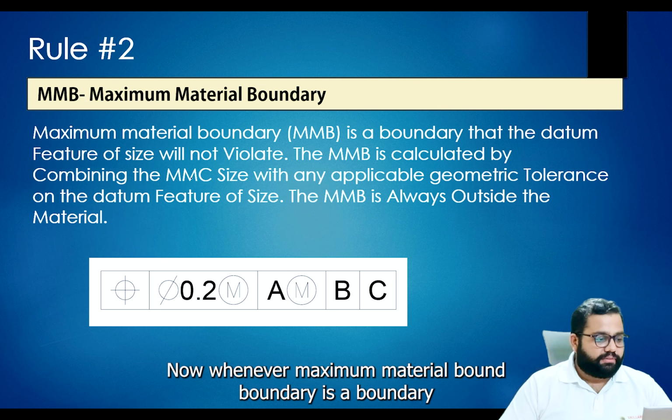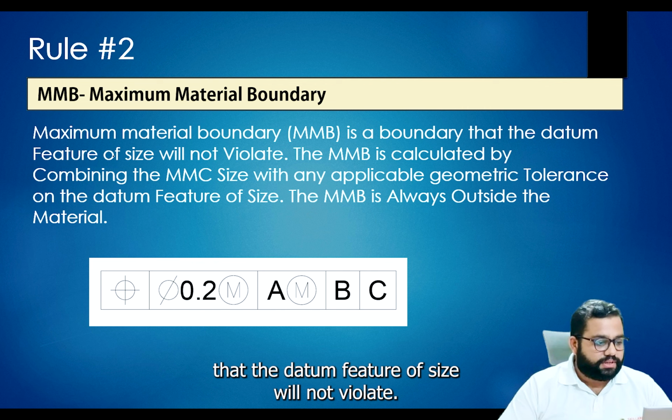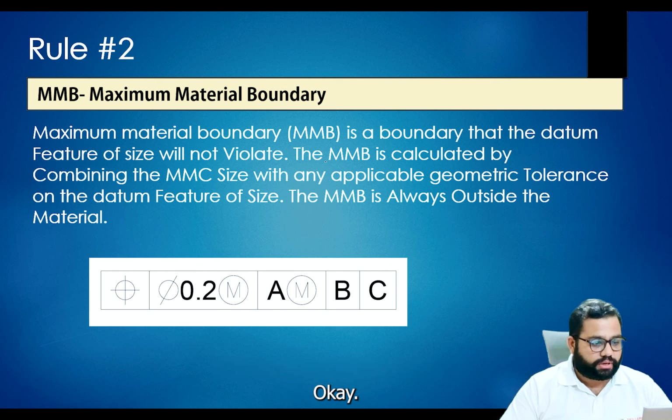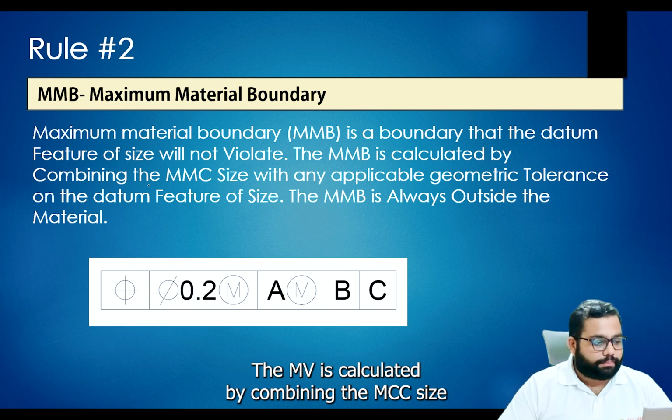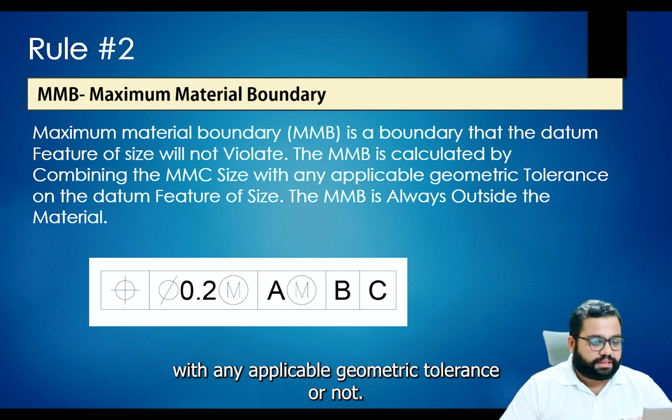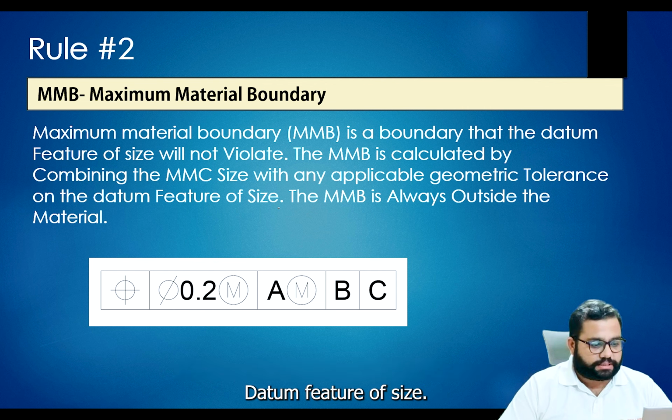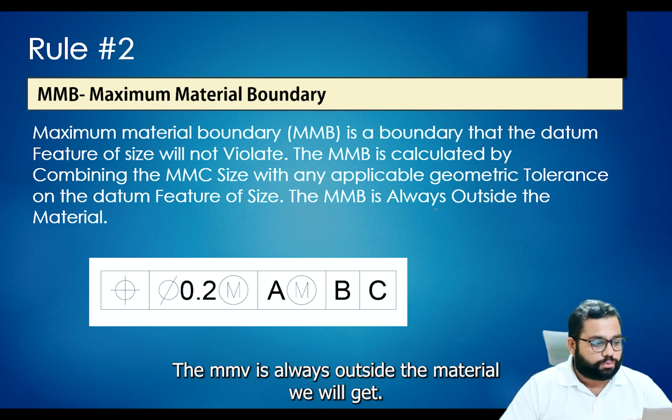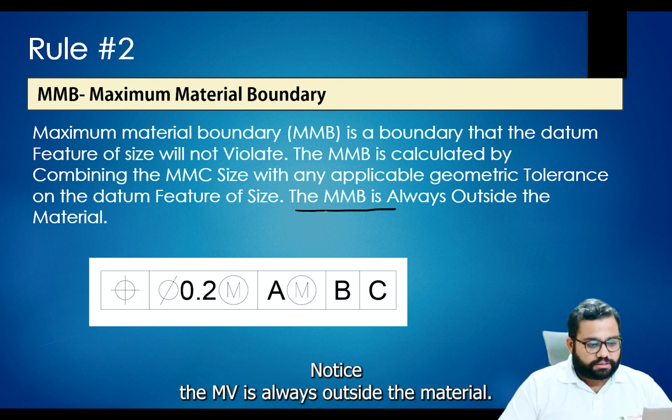Now, maximum material boundary is a boundary that the datum feature of size will not violate. Okay. The MMB is calculated by combining the MMC size with any applicable geometric tolerance on a datum feature of size. The MMB is always outside the material. We will know this. The MMB is always outside the material.